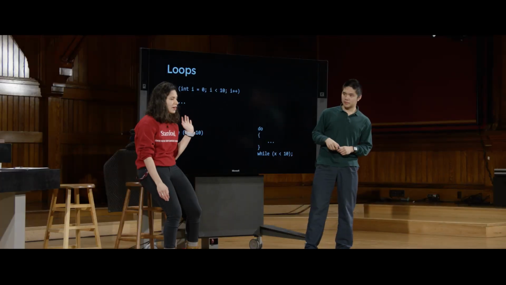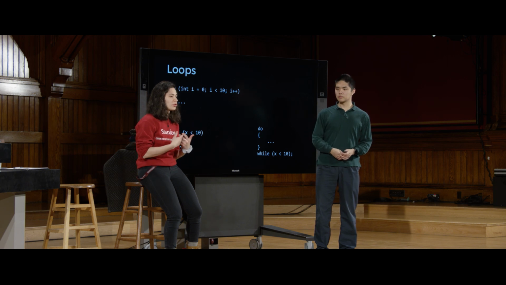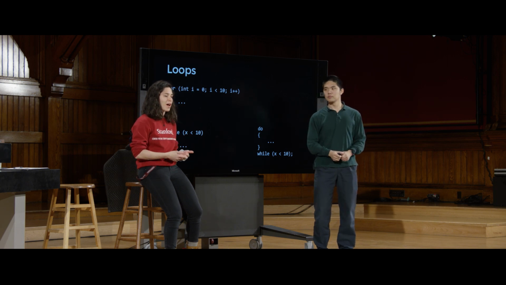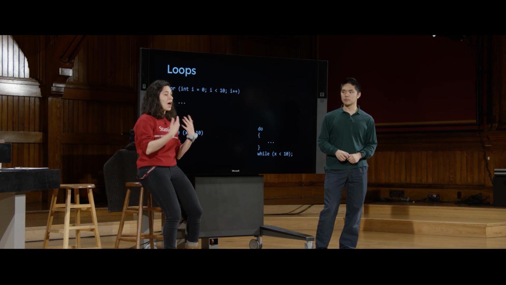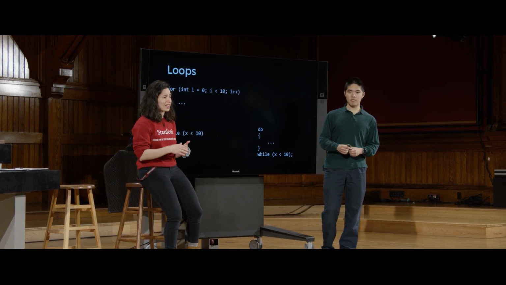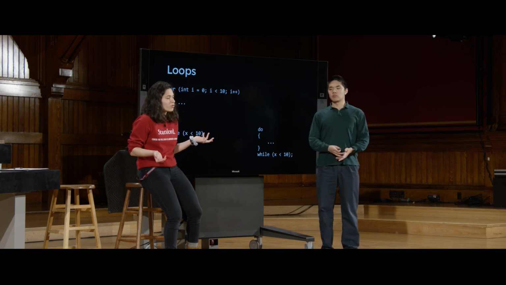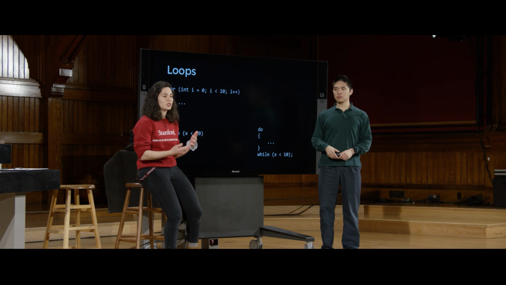One thing that I always like to talk about when I'm explaining loops is that we use specific loops for specific things. For loops are really great if you have an idea beforehand how many times you want that loop to run. If I know that I want this loop to run exactly 10 times, do I really want to use a while loop? Maybe not. I can just use a for loop and set my condition appropriately.